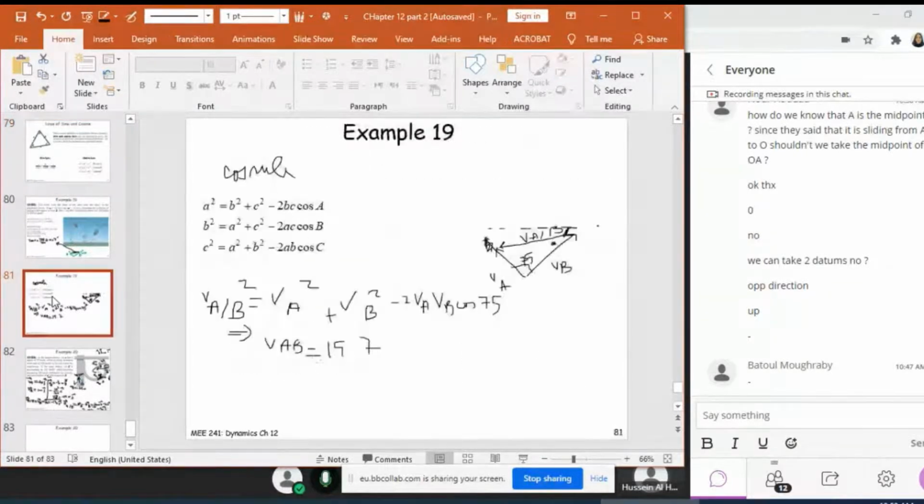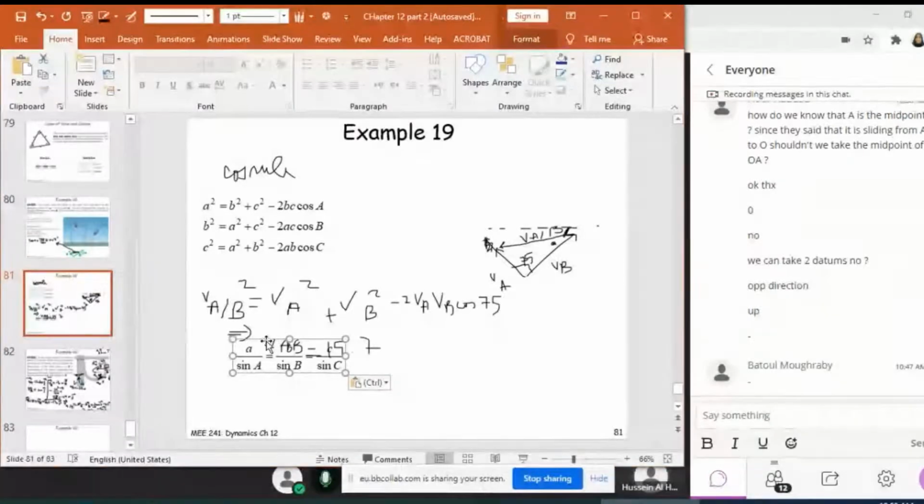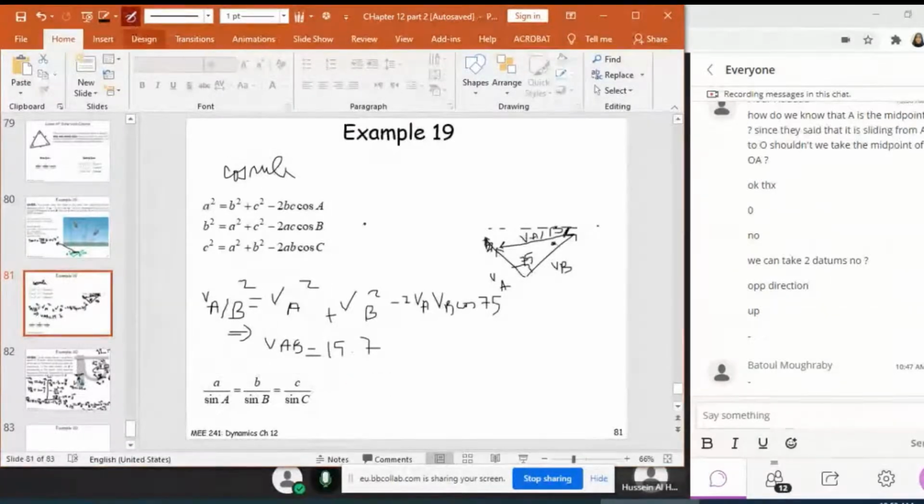So from the sine rule, I can say that VAB, which is 15.7, over sine of 75 is equal to this distance here, which is 10, over the sine of this angle that I need to find. Let's call it phi.